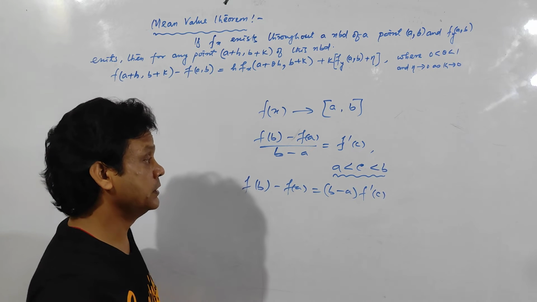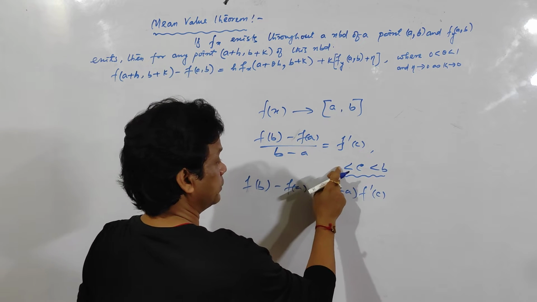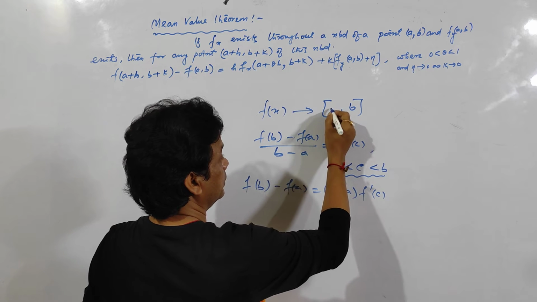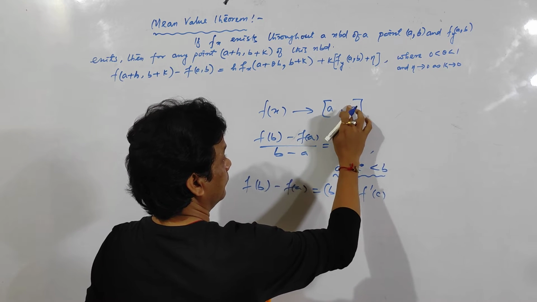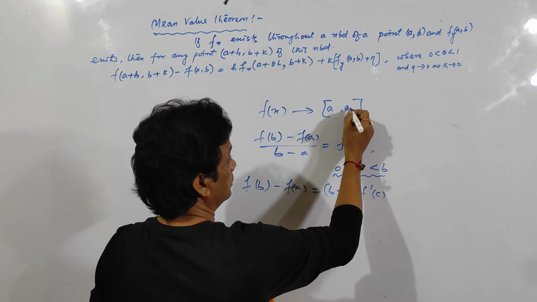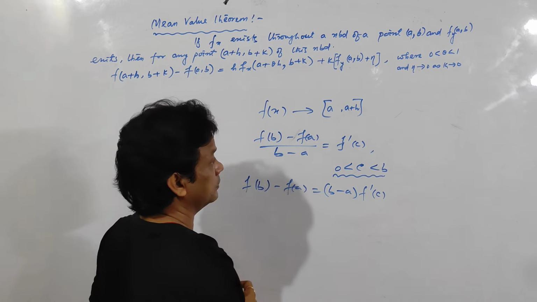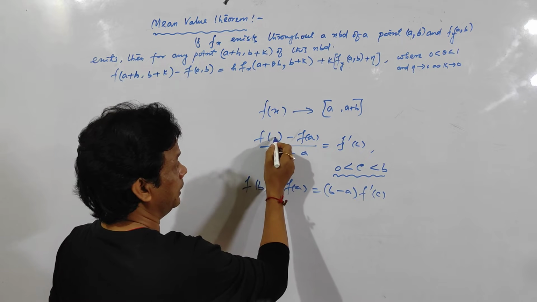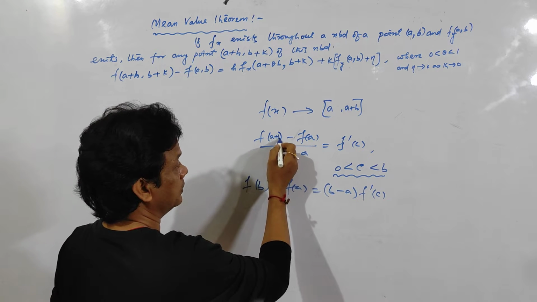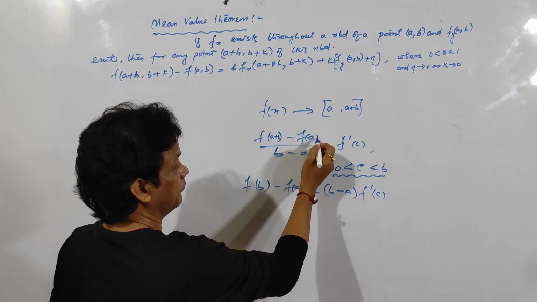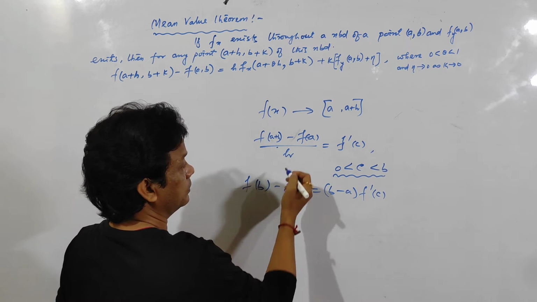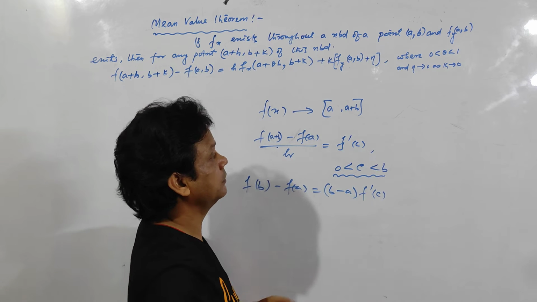Okay. See here. If I take this one as 0, this one a and this one a plus h, then it will become f of a plus h and this is f of a. So this minus this, divided by h, will be f dash c.